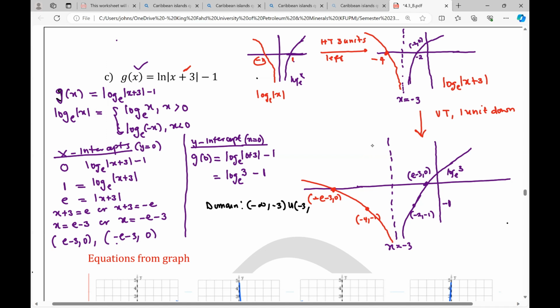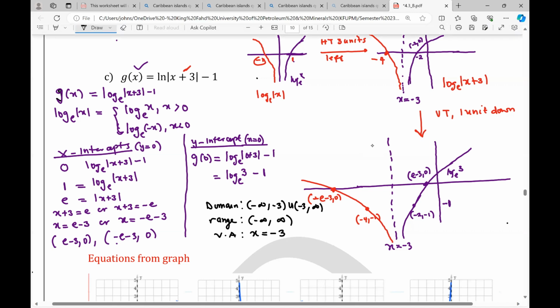So then from minus 3 to infinity. And the range seems to be the whole of R, minus infinity to infinity. Then the vertical asymptote will change, which is x equals minus 3.